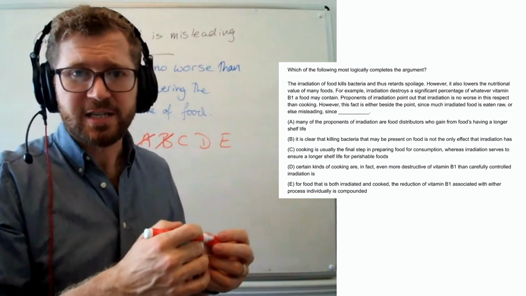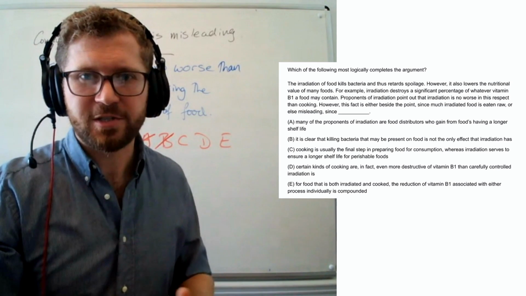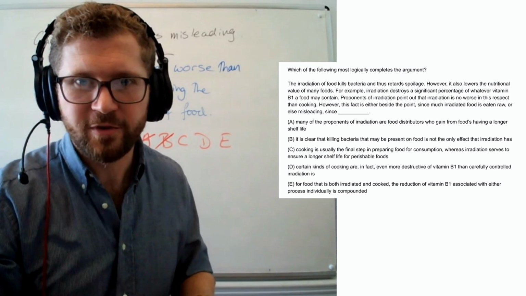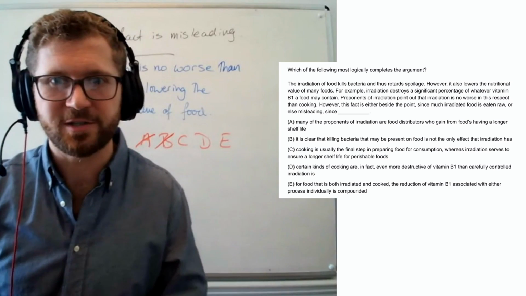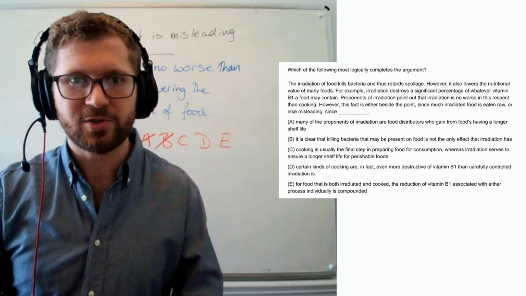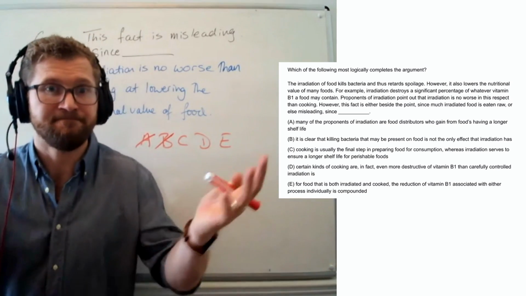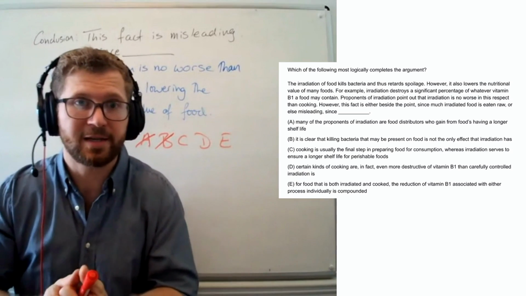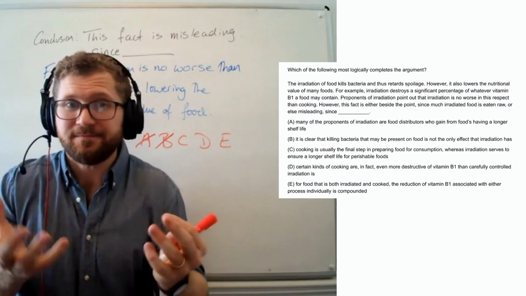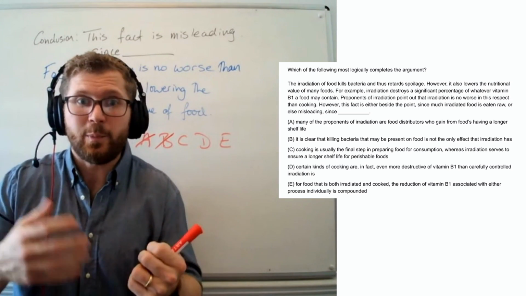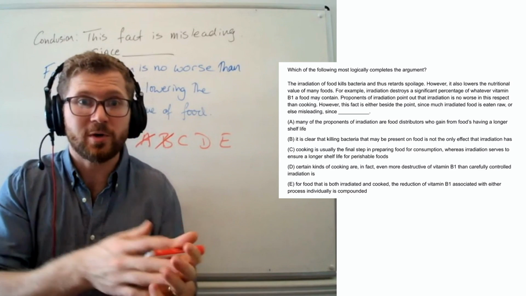Now C: cooking is usually the final step in preparing food for consumption, whereas irradiation serves to ensure a longer shelf life of perishable foods. Again, I know that I'm beginning to repeat myself here, but that's nice to know, but doesn't tell us why irradiation is no worse than cooking.